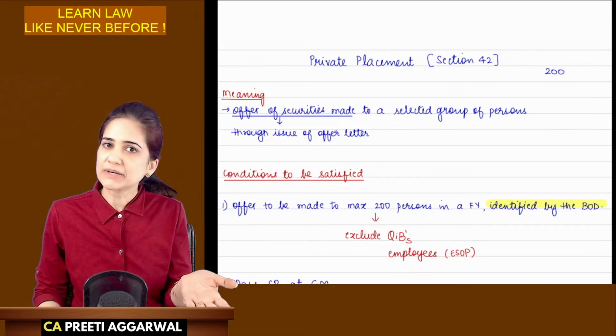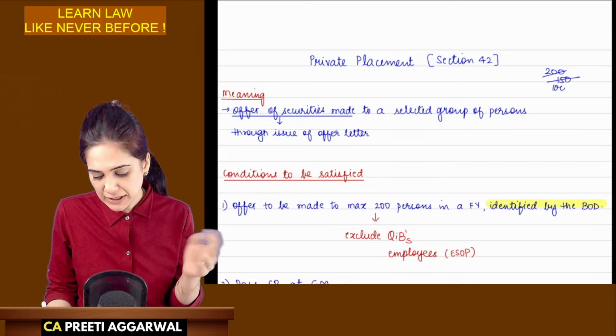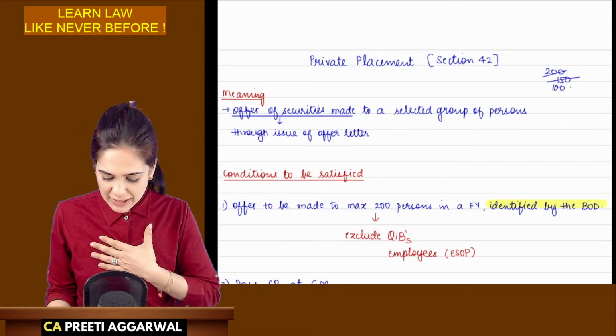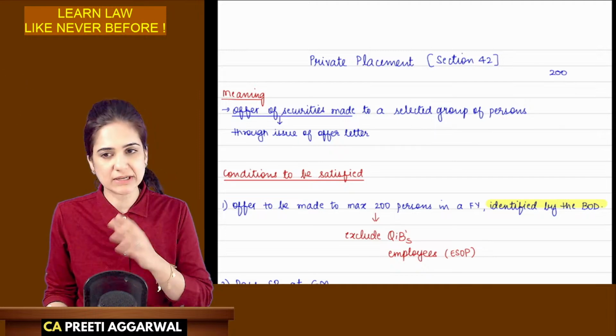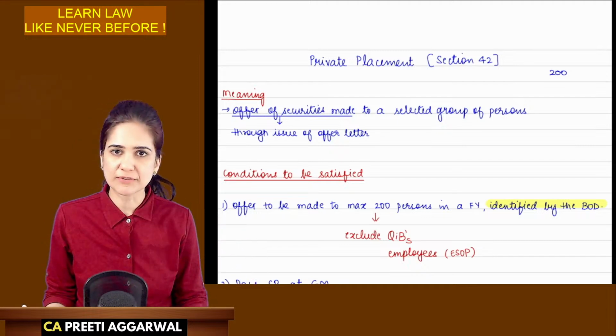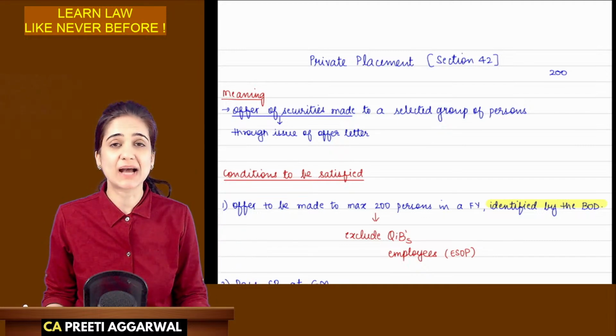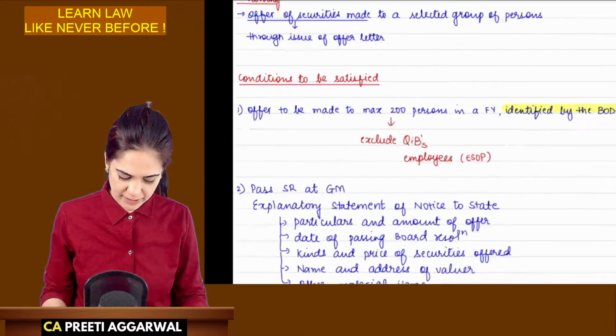Then all 200 may accept, or just 150 may accept, or just 100 may accept. So if I am making an offer to 200 persons, then it is private placement. An offer made to more than 200 persons will be considered a public offer.